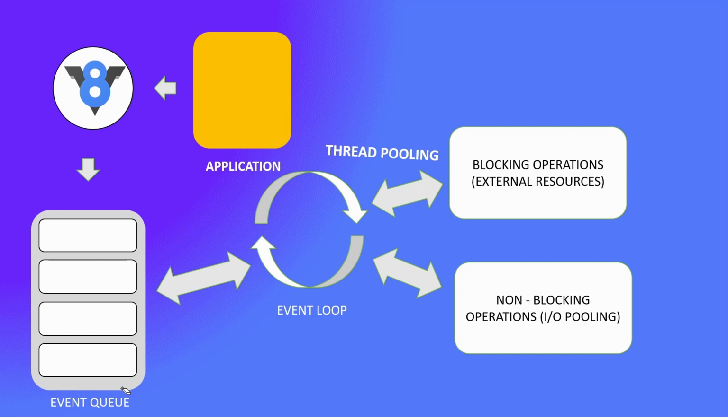If the request is going to the non-blocking operation, it will use input output pooling. We can also call this thread pooling the Node.js server. The server accepts the user request, processes it, and returns the result to the users.